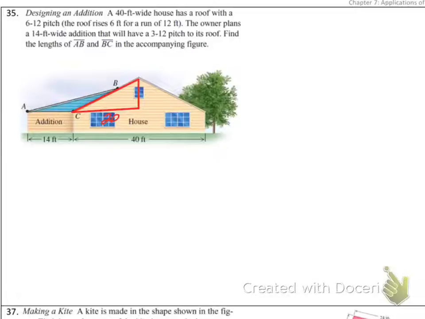So that roof pitch matches up with, or is a similar triangle to a smaller one that rises 6 feet and has a run of 12 feet. So this is a right triangle.